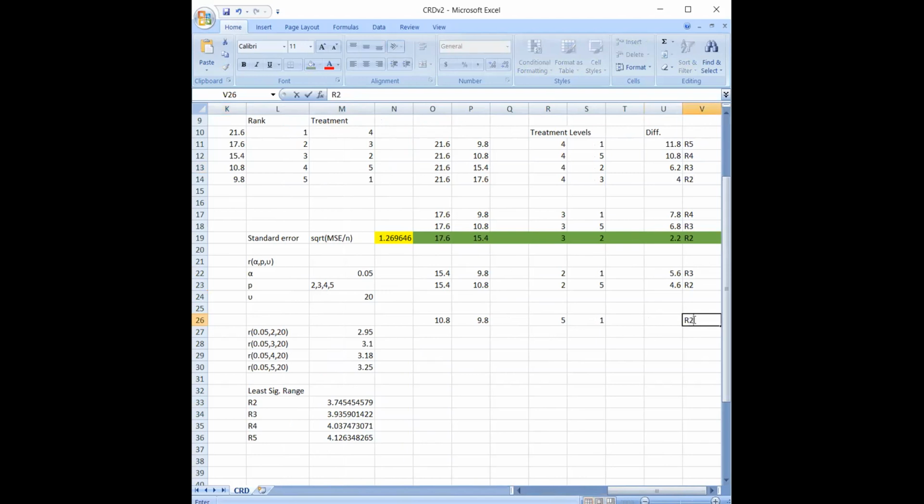That is R2. So let's take the difference between these two means. The difference is 1. The R2 value is 3.7, but the difference is less than R2. So in that case, this is also significant. Right?